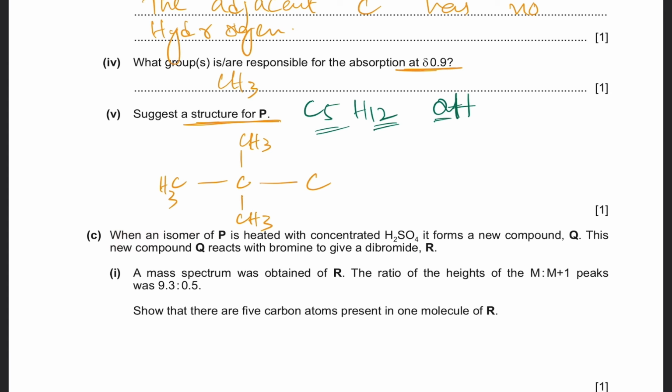Now we have 5 carbon atoms and 3, 3, 3, 9 hydrogens. Still we have to add 3 more hydrogen atoms.